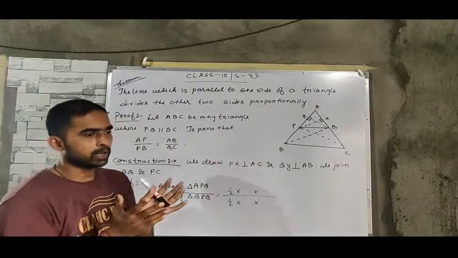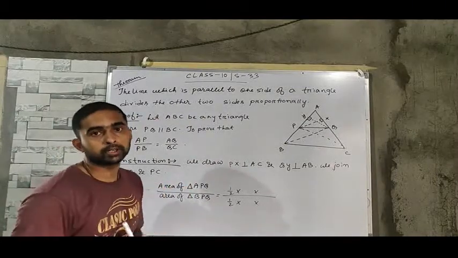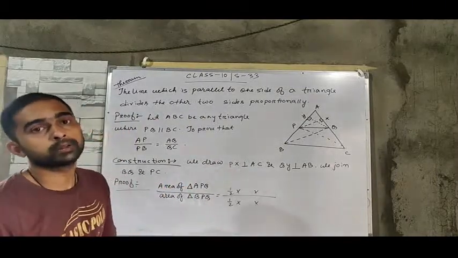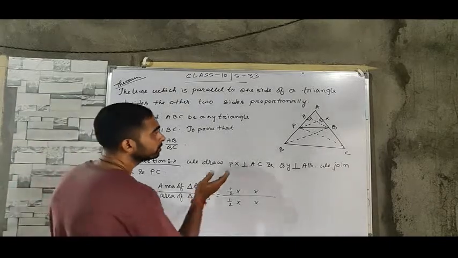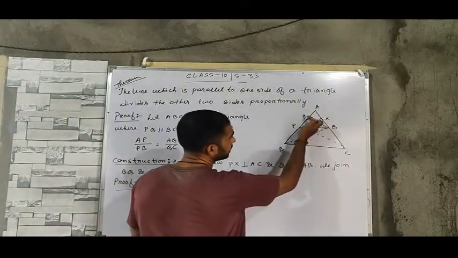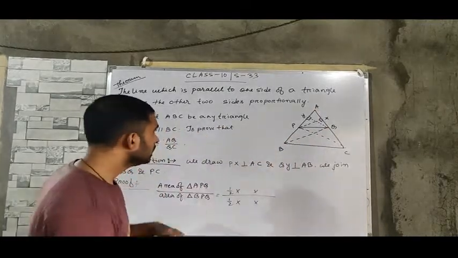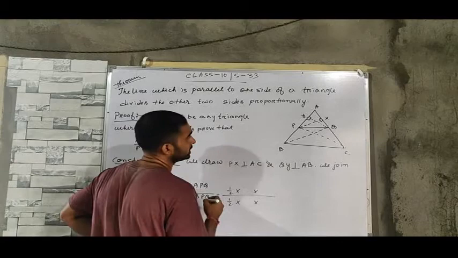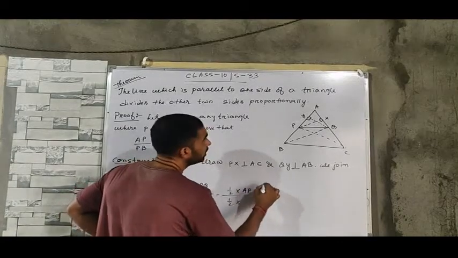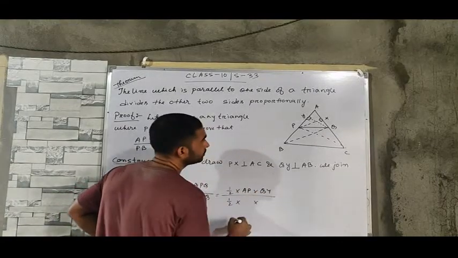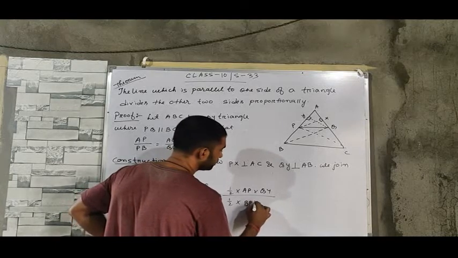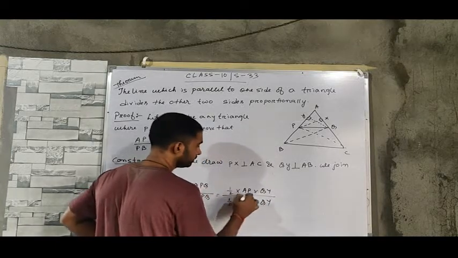In an obtuse triangle the height may be outside the triangle, but the base will be the side on which the height lies. So here the base is BP. For triangle APQ, the base is AP, height is QY; for BPQ, base BP, height QY.